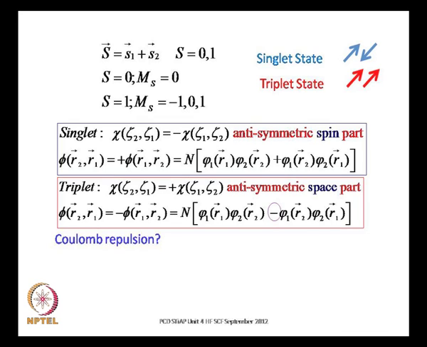Phi 1 R1, phi 2 R2 minus phi 1 R2, phi 2 R1, okay, that would go to 0, right. As R2 goes to R1, the space part would vanish, and for the triplet state to exist, R2 would not be too close to R1.